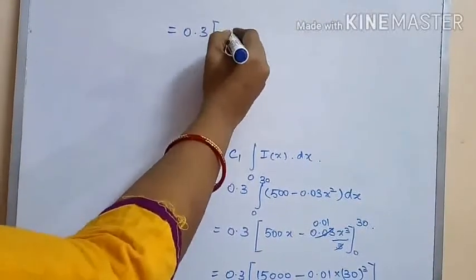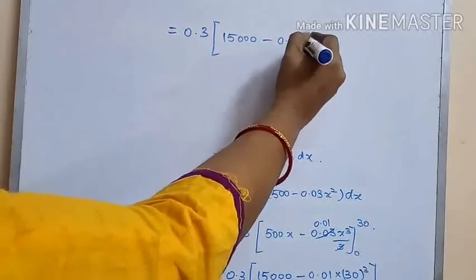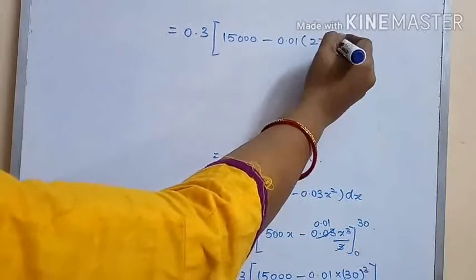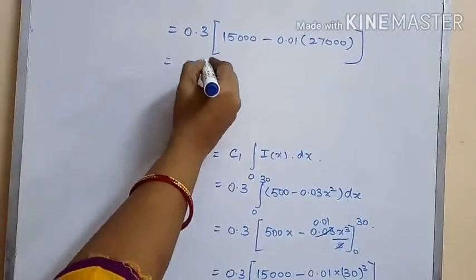So the next step we have 0.3 into 15,000 minus 0.01 into 27,000.